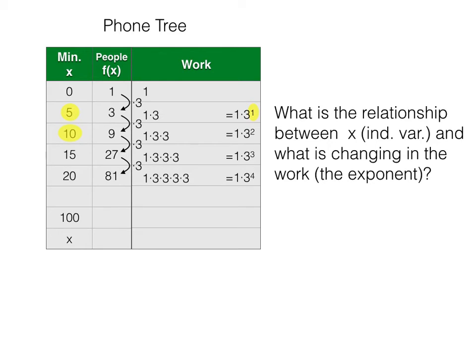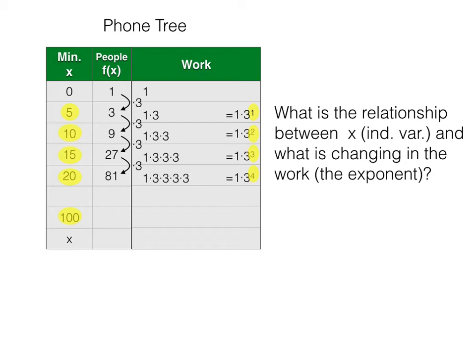When x was 10, the exponent was 2. When x is 15, the exponent is 3. When x is 20, the exponent is 4. I'm not sure what's going on here. If we want to find the exponent when x was 100, we have to find a pattern or relationship.